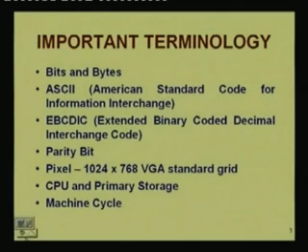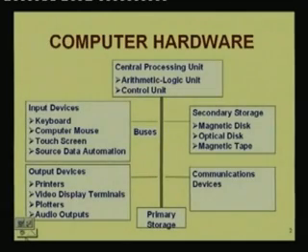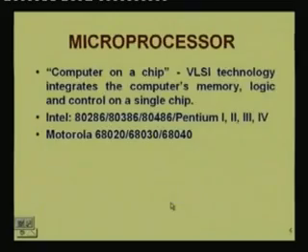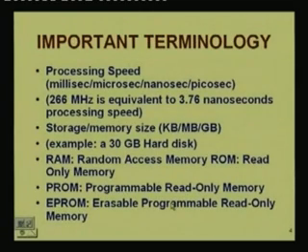So, as you can see here, the important terminologies in this context are, first of all, bits and bytes, ASCII, American Standard Code for Information Interchange, EBCDIC, Extended Binary Coded Decimal Interchange Code, the different kinds of parity bits, then pixel, 1024 into 768 just for example, VGA standard grid, then CPU and primary storage, machine cycle, processing speed, the millisecond, microsecond, nanosecond, picosecond, etc. Storage or memory size, random access memory, read-only memory, programmable read-only memory, and finally erasable programmable read-only memory.